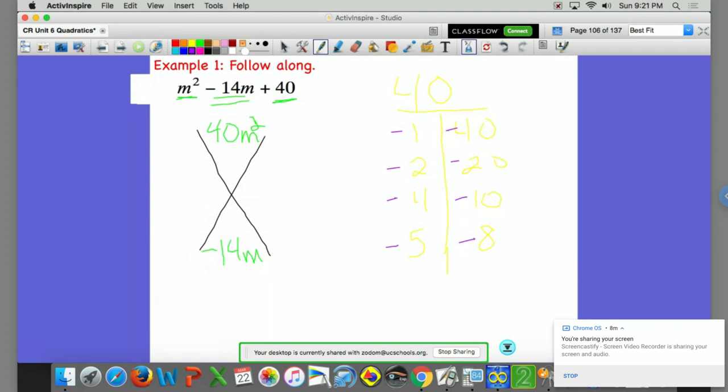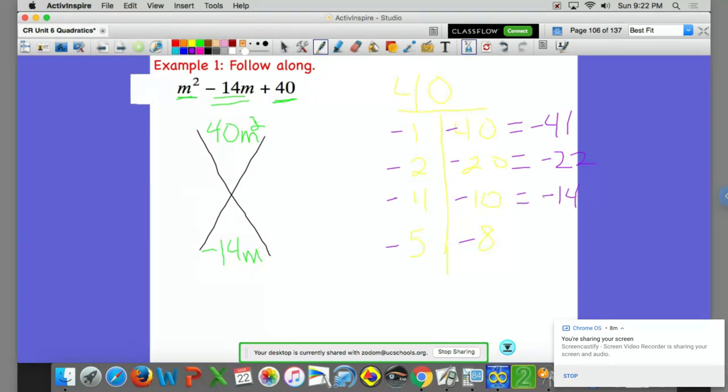Well, negative 1 plus negative 40 at the top is going to give us negative 41. So that's out. Negative 2 and negative 20 will give me negative 22. So that's out. Negative 4 and negative 10 will give me negative 14.